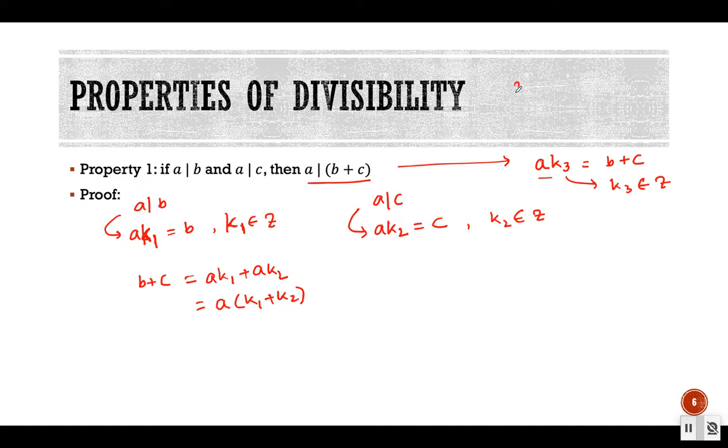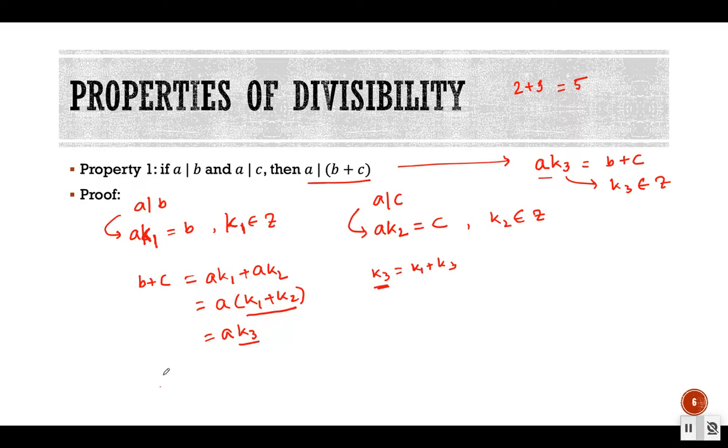Say for example, 2 and 3. It follows the closure property, that if we add two integer numbers, that will return another integer number. So if we say that k1 plus k2 is k3, then k3 is also an integer number.